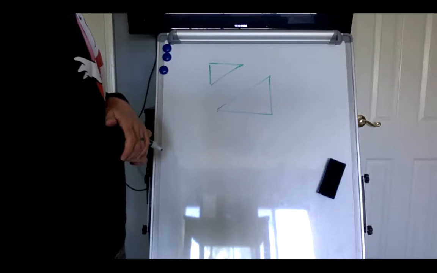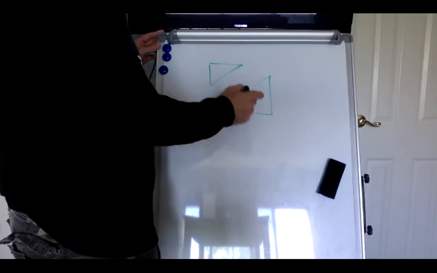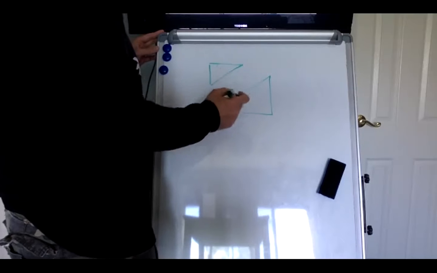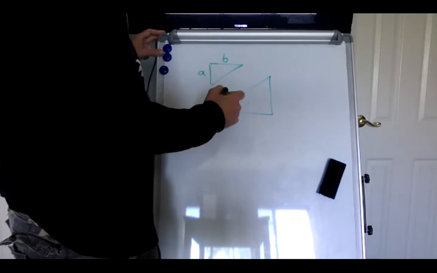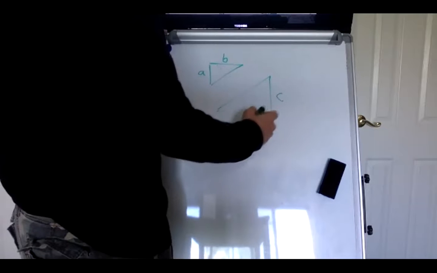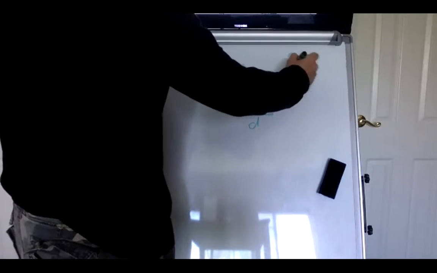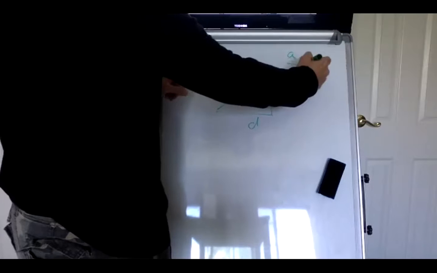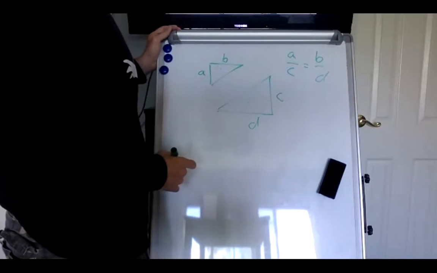If two triangles are similar, then the ratios of corresponding sides are equal. So if this is A and this is B, and this is C and this is D, then A corresponds to C as B corresponds to D. See that?